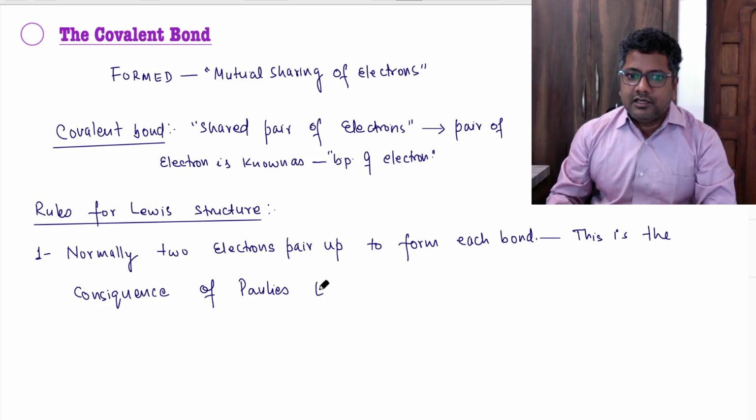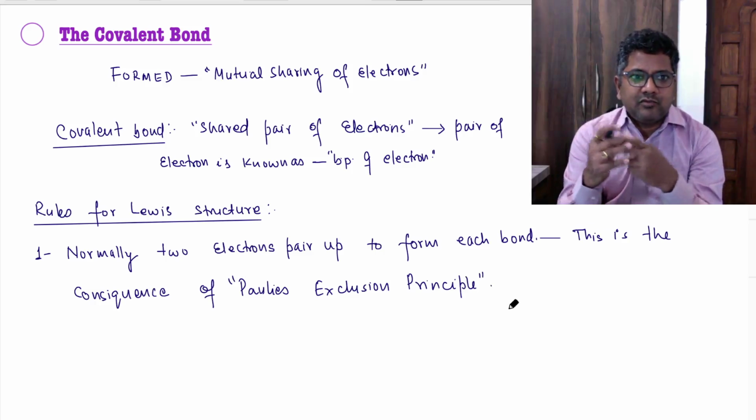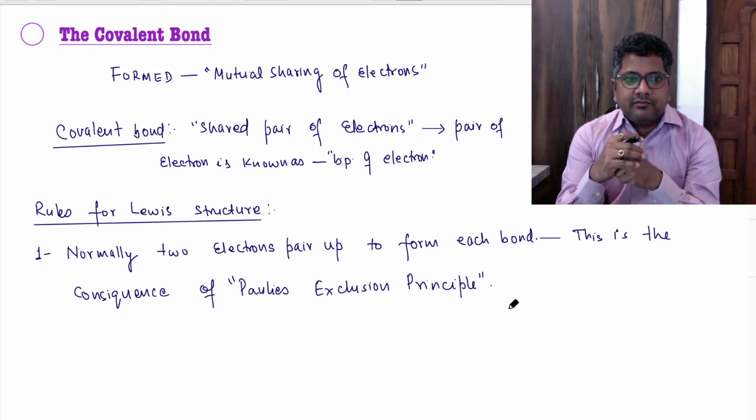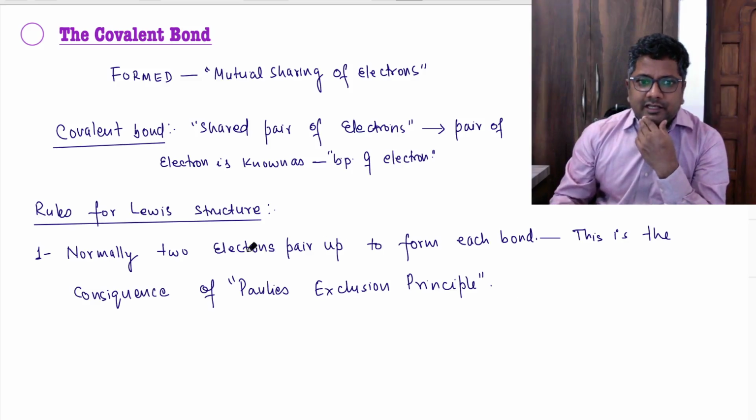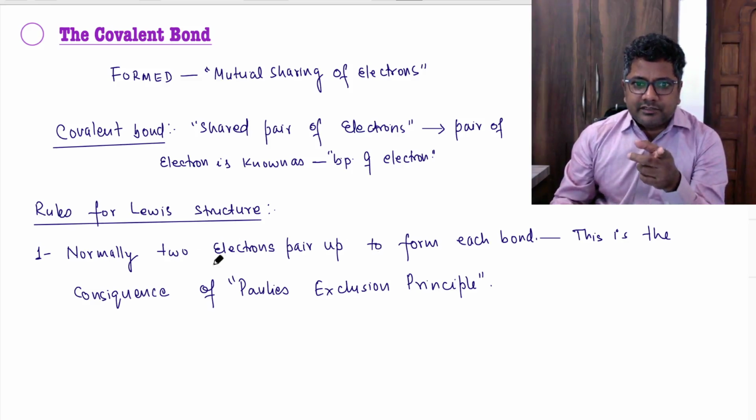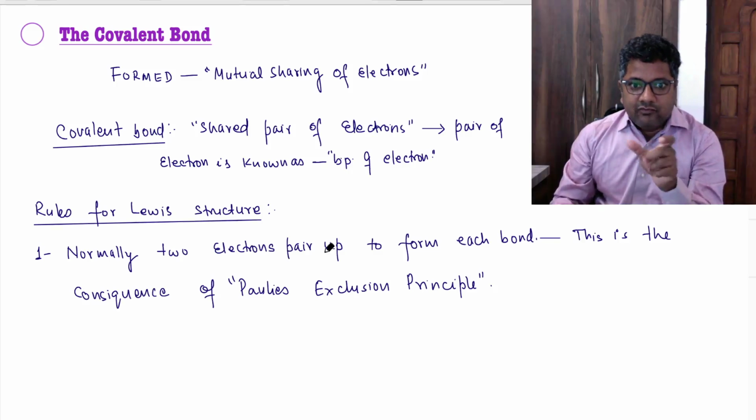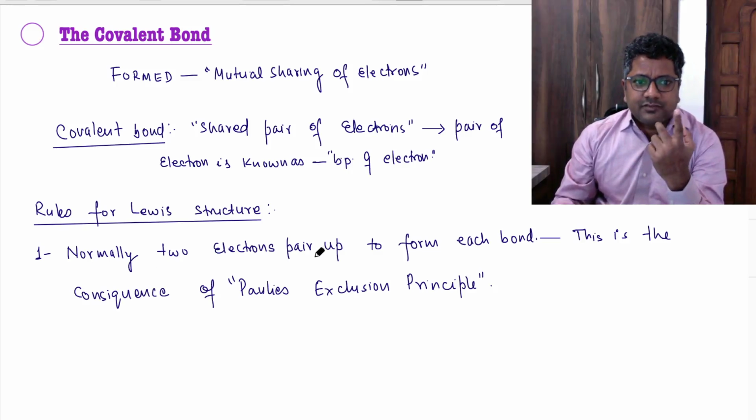As you know, any orbital can have a maximum of two electrons with opposite spin. This is basically the concept. I have taken the words very carefully: normally two electrons pair up, not with parallel spin, to form each bond.